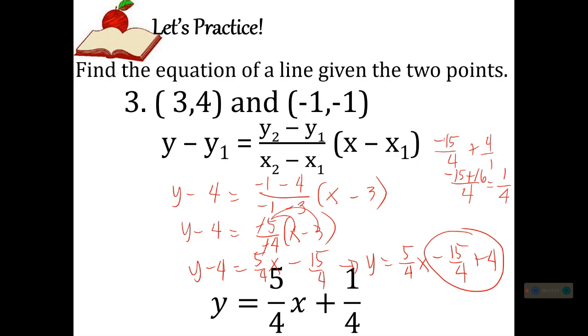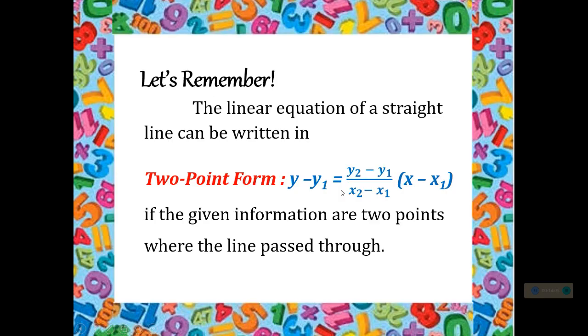Okay? So those are the steps or the methods on how you are going to find the equation of a line given 2 points. Okay? Any question? So let's now proceed with your hints, with the things you are going to remember. So the linear equation of a straight line can be written in 2-point form.